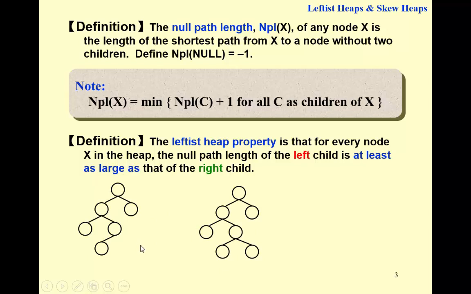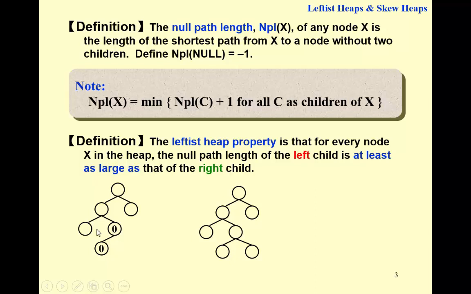Now let's have a look at the two cases. How about this one? First, let's calculate the NPLs from bottom up. For this leaf node, obviously the NPL is 0. And how about this parent? Its one child is 0, but it has no right child, so it's a null pointer which is -1, and therefore we take the minimum.